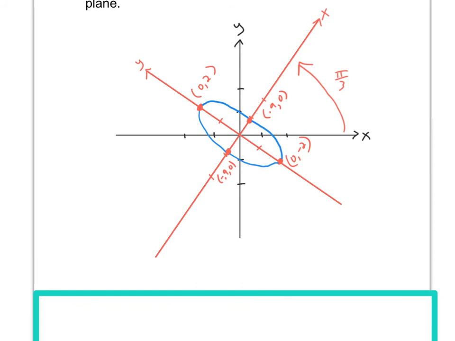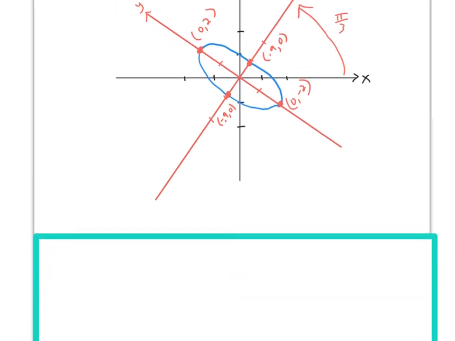Okay, so now I want to figure out what those points would be if I graphed them in the regular xy plane. So let's take a look at what that would be.